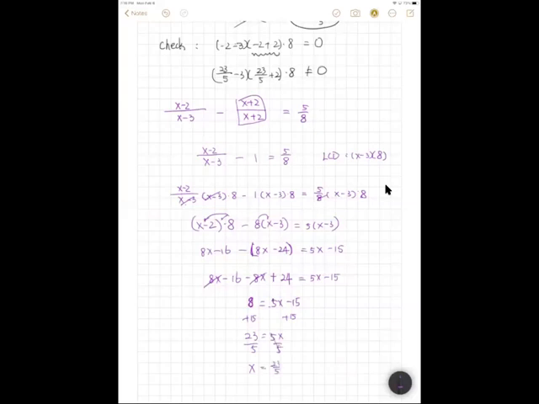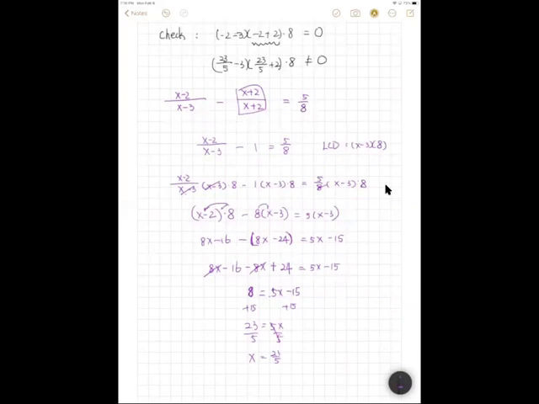Again, we need to check that the denominator is not equal to 0. So we plug this into our least common denominator. Well, this is not equal to 0. That means this is our solution.